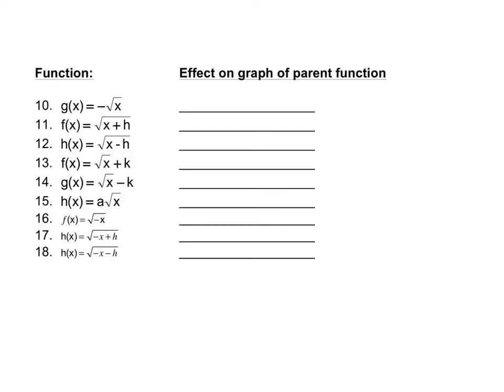So let's kind of review this and summarize it. We're going to remember what the effect on that original parent function was when we put the negative in front. That's a reflection over the x-axis. When we have x plus h under the radical, that shifts our whole graph left h units, whatever h is.